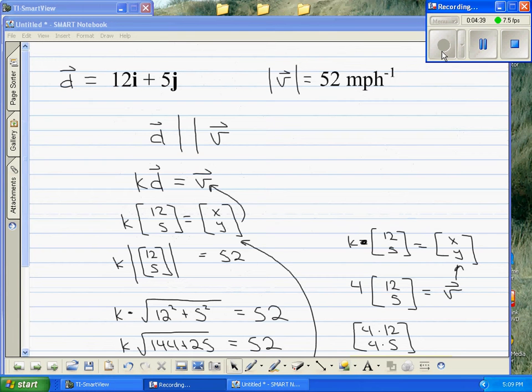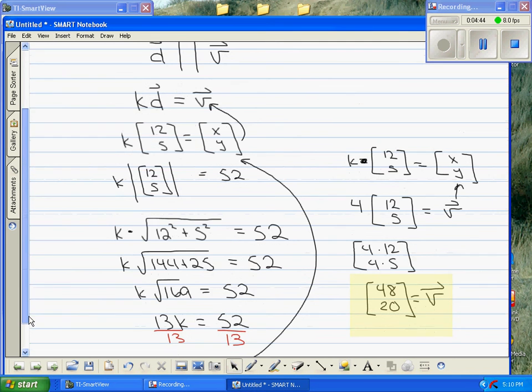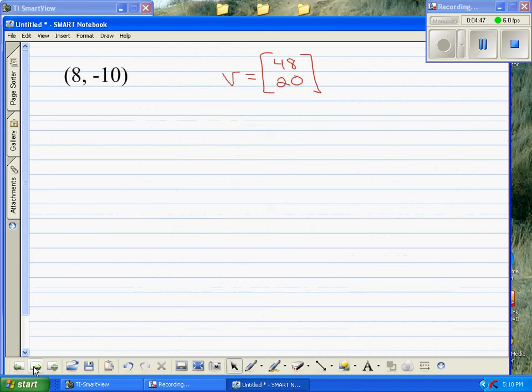Okay, now that I found my velocity vector, it's time for me to compute the other portion of my problem, the position vector. And I'm going to draw a little picture. Unfortunately, there is no way I could fit 48 and 20 units on my graph, so I'm going to have to fake it a little bit. If we start here at (8, -10), and we travel with a velocity of (48, 20), call that point right there (48, 20).